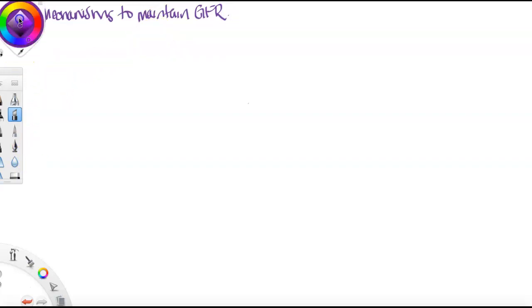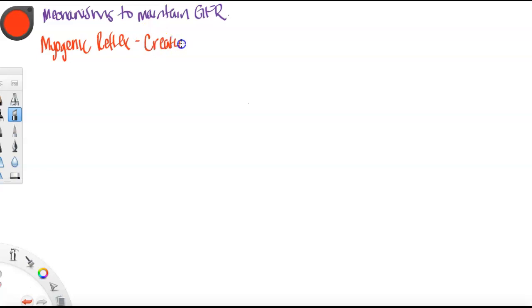All right, so the first mechanism has to do with the afferent arteriole. So we call this the myogenic reflex. So myogenic, of course, hopefully you're thinking of smooth muscle.